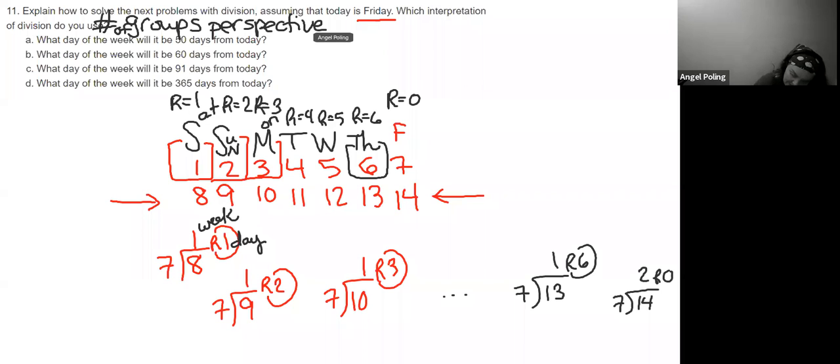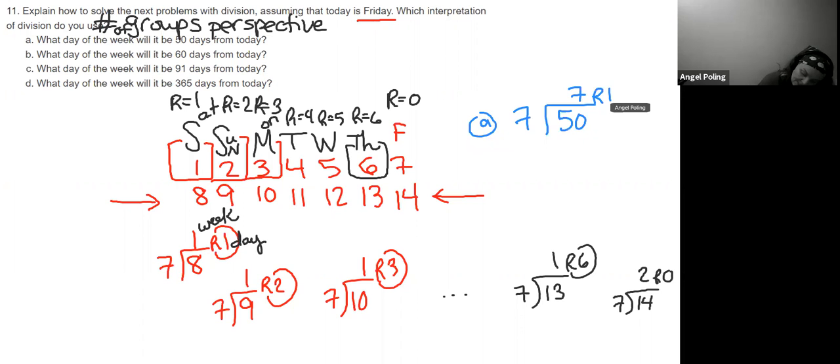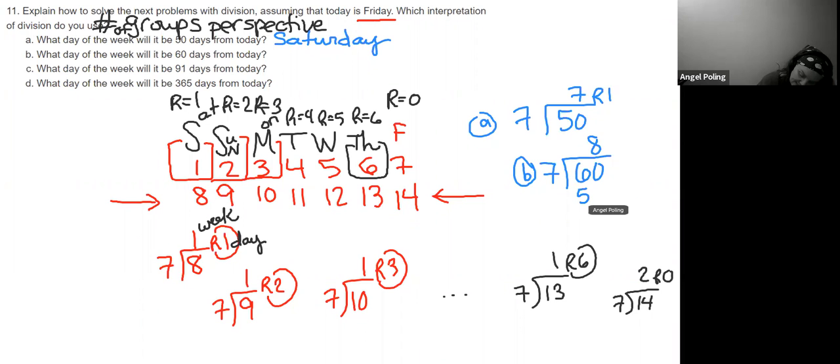Okay, now let's take a look. We've got 50 divided by 7. That's 7, remainder 1. Remainder 1 gives us a Saturday. For B, we have 60 divided by 7, right? 8 times 7 is 56.